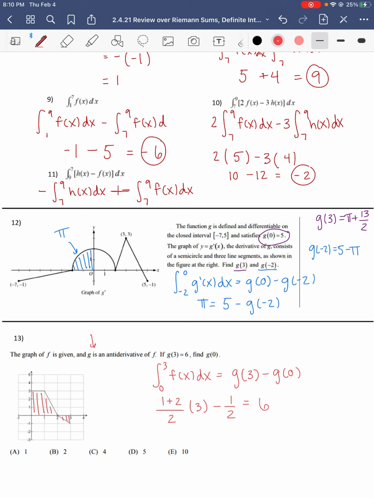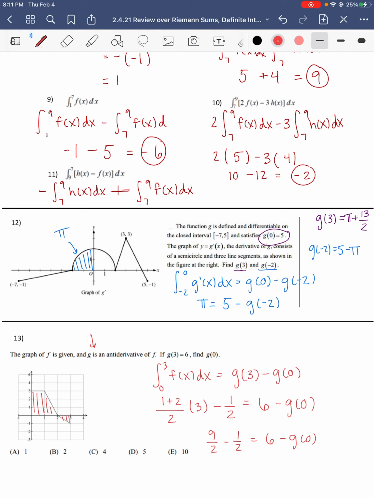We know g of 3 is 6. We're trying to find g of 0. So now we just simplify this. 1 plus 2 is 3 times 3, so that would be 9 halves minus 1 half equals 6 minus g of 0.